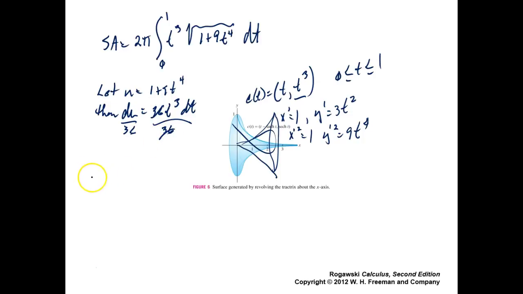So let's rewrite this. Our surface area is equal to 2 pi times the integral. Oh, we've changed our variables, haven't we? Okay, we were going for t 0 to 1. So when t is equal to 0, what's your u? 1. Perfect. When t is equal to 1, what's your u? 10. So now we're going 1 to 10.